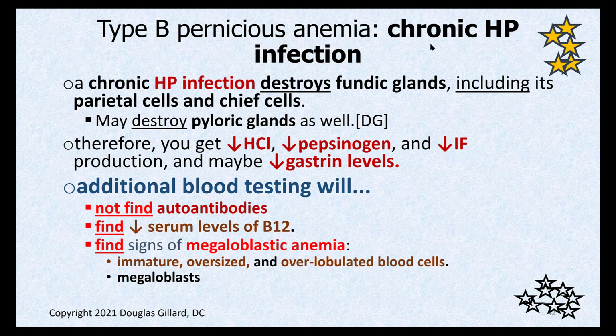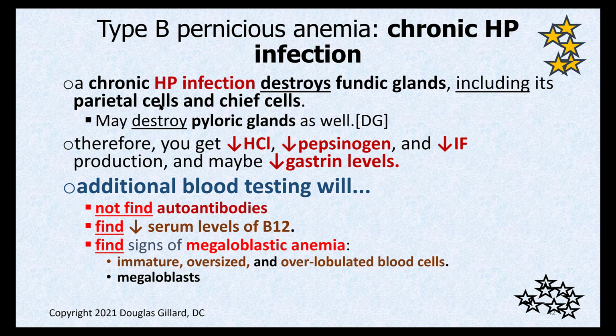So what's the story with this bug infection, this type B for bug, pernicious anemia? So the bug gets into, inflames, and destroys the parietal cells and the chief cells. In fact, the whole fundic gland is destroyed. It may get to the pyloric glands as well in more advanced cases.